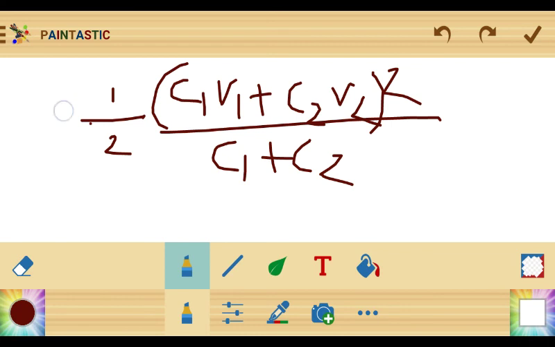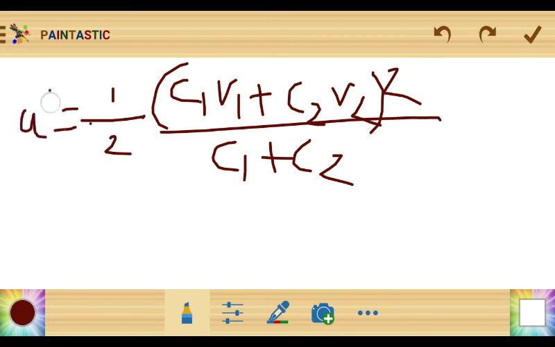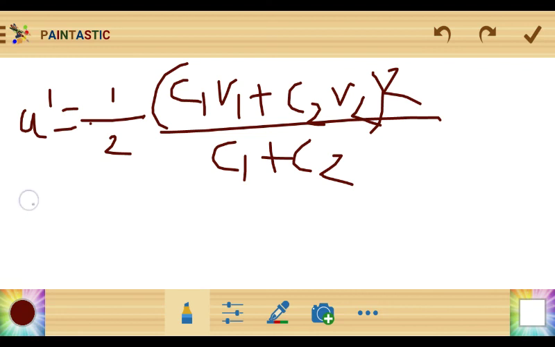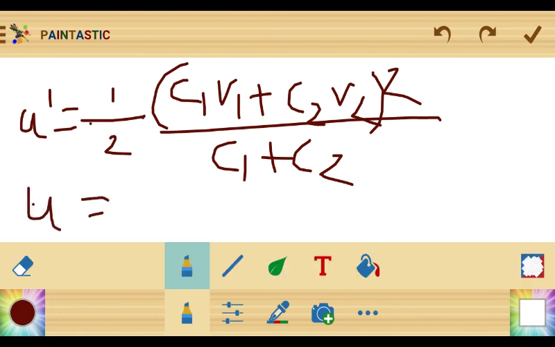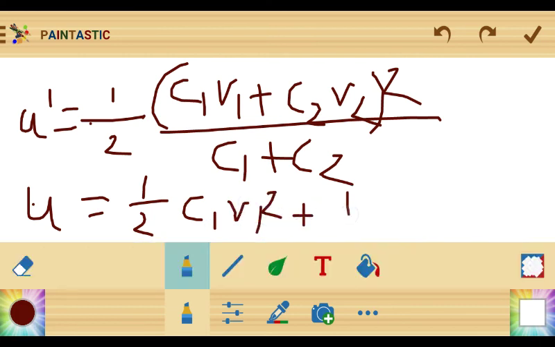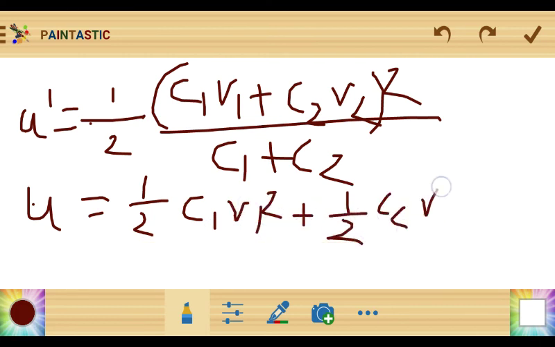So this is the energy after joining the two conductors. And before joining, if I say it is U, then it was simply half C1 V1 square plus half C2 V2 square.